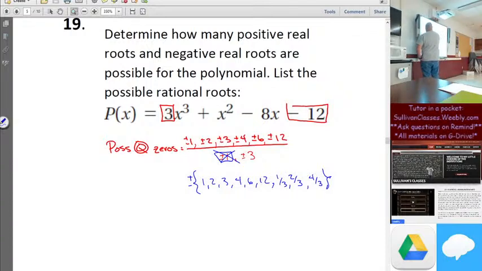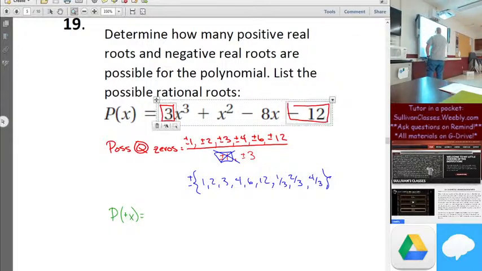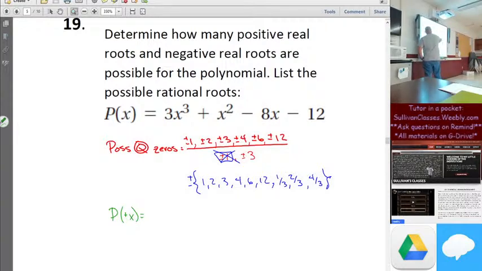And then along comes this fellow called Descartes. And he says, if I do the function of a positive x and count my sign changes, if I put a positive x in any of these, they are not going to change. So that's plus, plus, minus, minus.